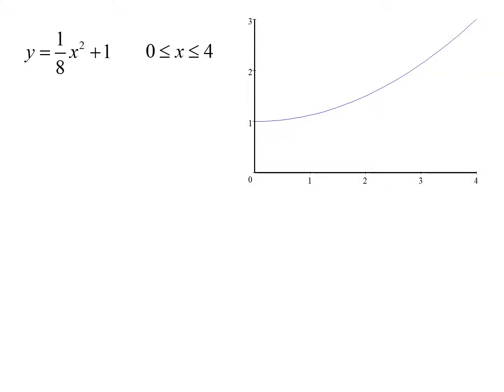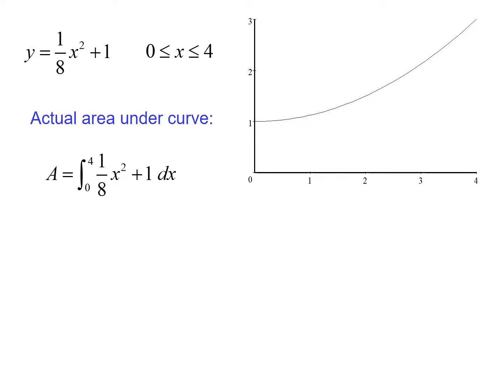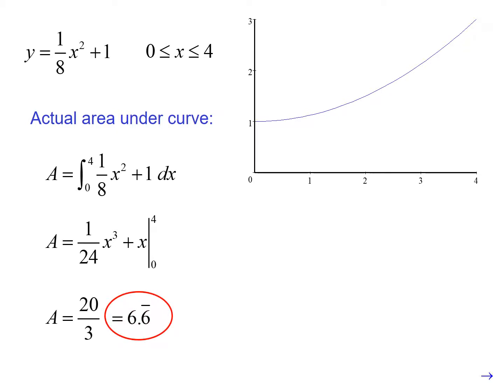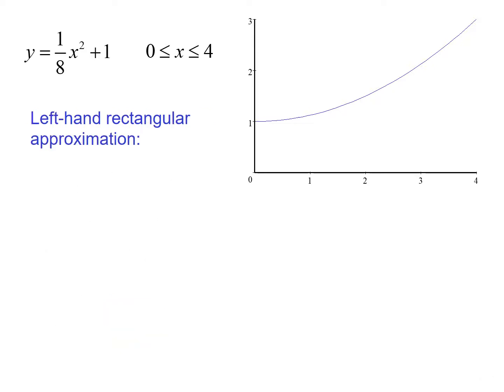Okay, so if we take a look at this curve right here over the interval from 0 to 4, we could find the actual area of the curve by taking the antiderivative, evaluating from 0 to 4, and we get 6.6 repeating. So that's the true area.